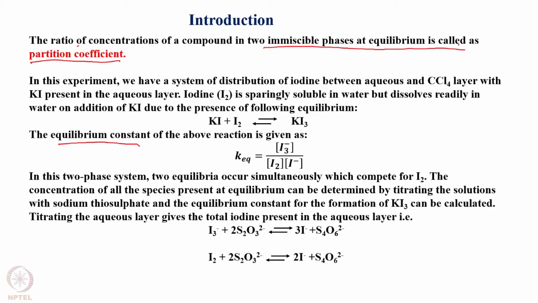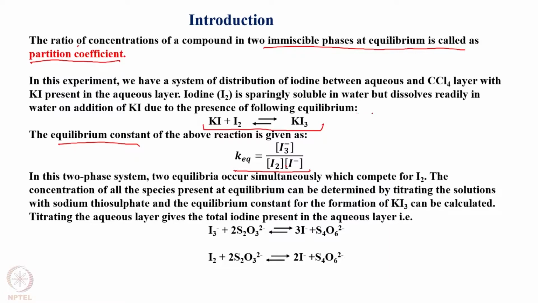And the second part is calculation of equilibrium constant, and the reaction that we'll be studying is KI plus I2 gives KI3, which is a reversible reaction. So the equilibrium constant for this reaction is given by K equilibrium is equal to the concentration of I3 minus divided by the concentration of I2 and the concentration of I minus.